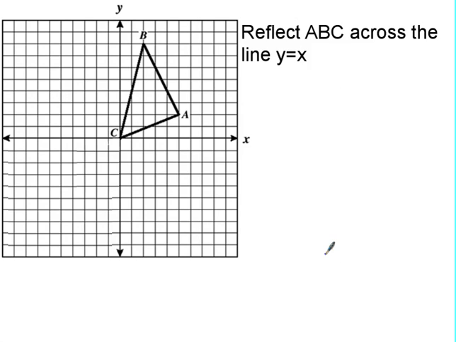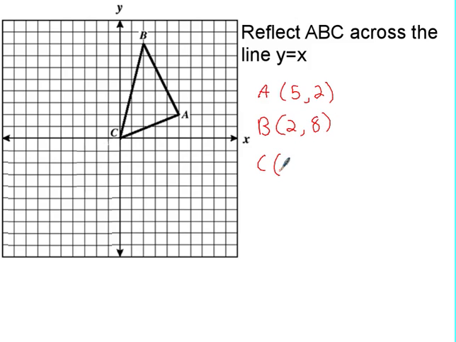Okay, so we're going to reflect this whole thing across the line y equals x. So let's write out our coordinate points first for A, B, and C. A is over 5 and up 2. B is over 2 and up 8.